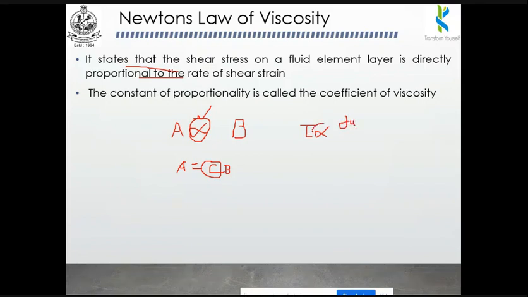If you want to remove this proportionality, you have to use a constant. That constant value is the coefficient of viscosity. That is Newton's law of viscosity.